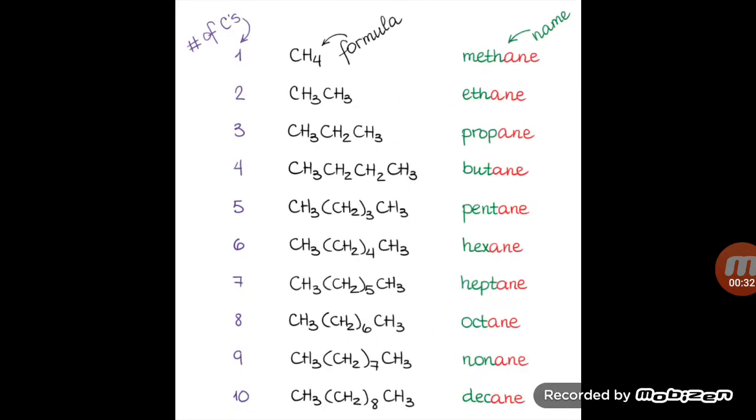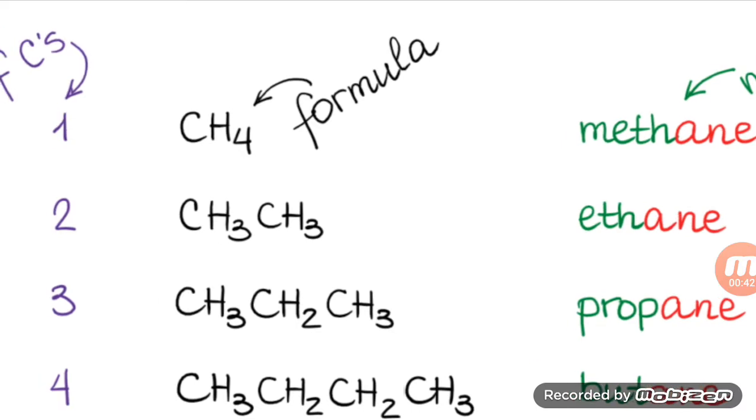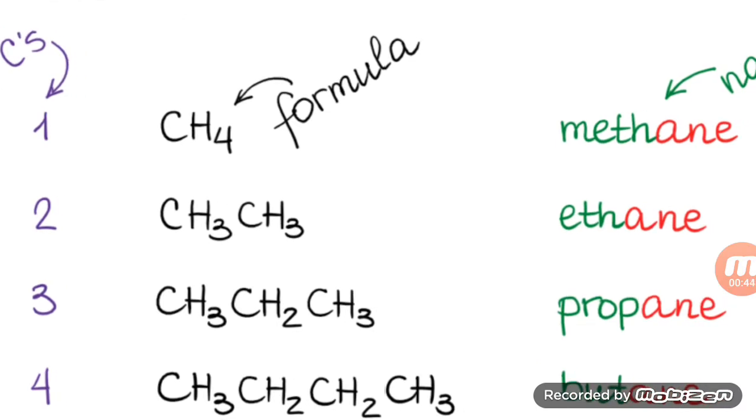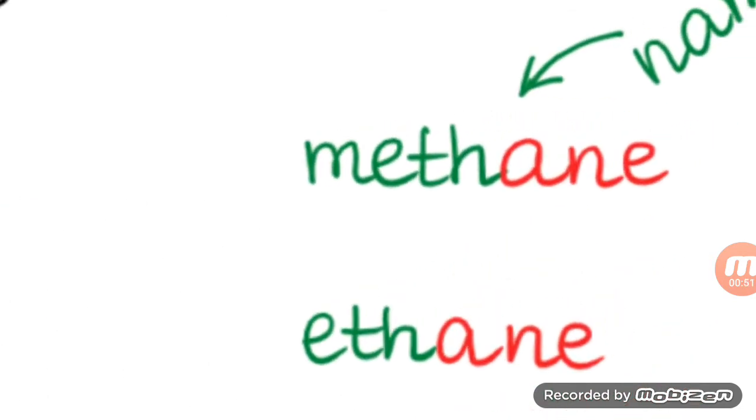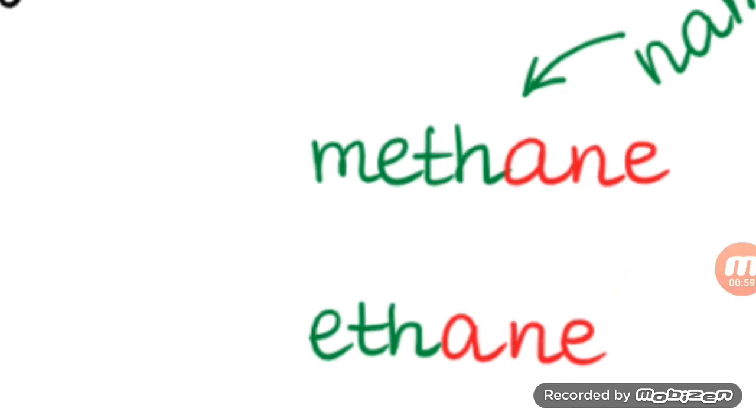First of all, you have to learn by heart at least 10 of these names. Whenever there is only one carbon in an alkane, it is called methane. This "ane" ending indicates that it is an alkane, so an alkane will always have the suffix "ane".